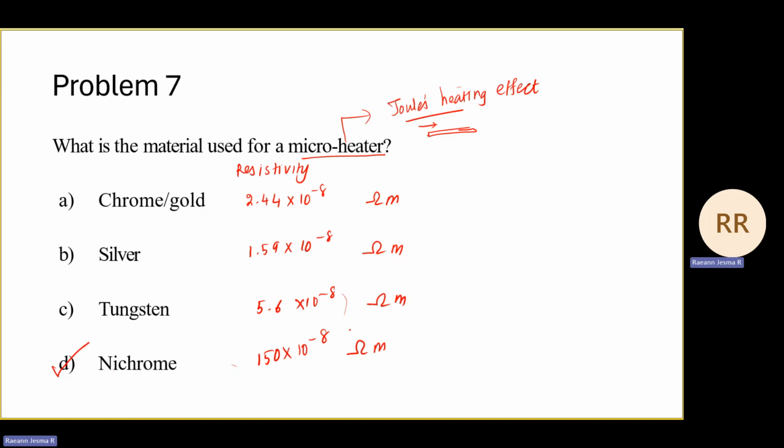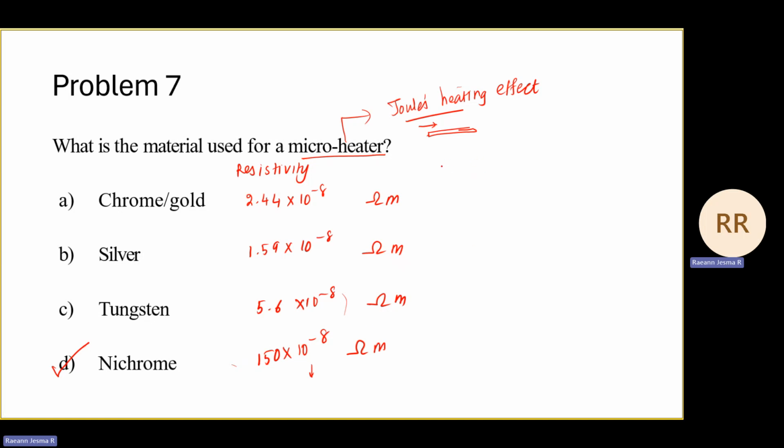Another important thing to note is that, in addition to very high resistivity, it also has a very high melting point compared to other metals, and it does not get oxidized easily even at higher temperature.